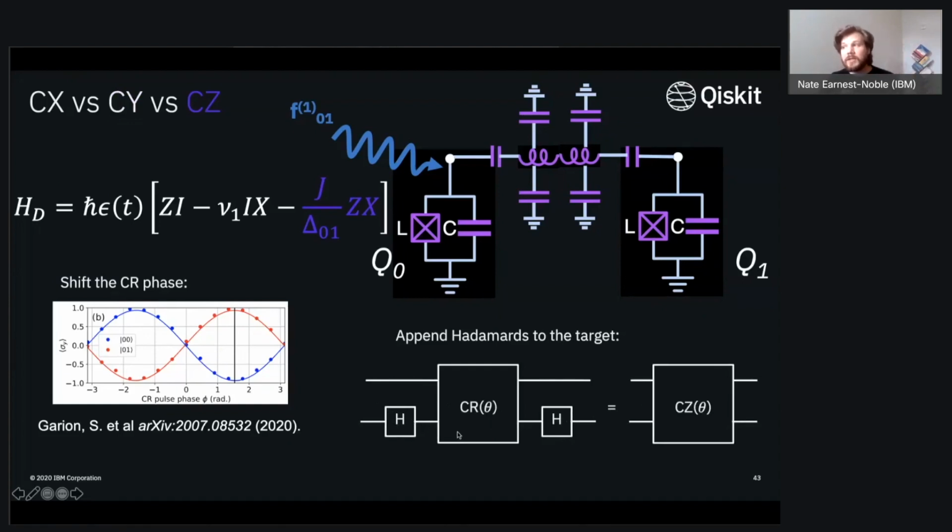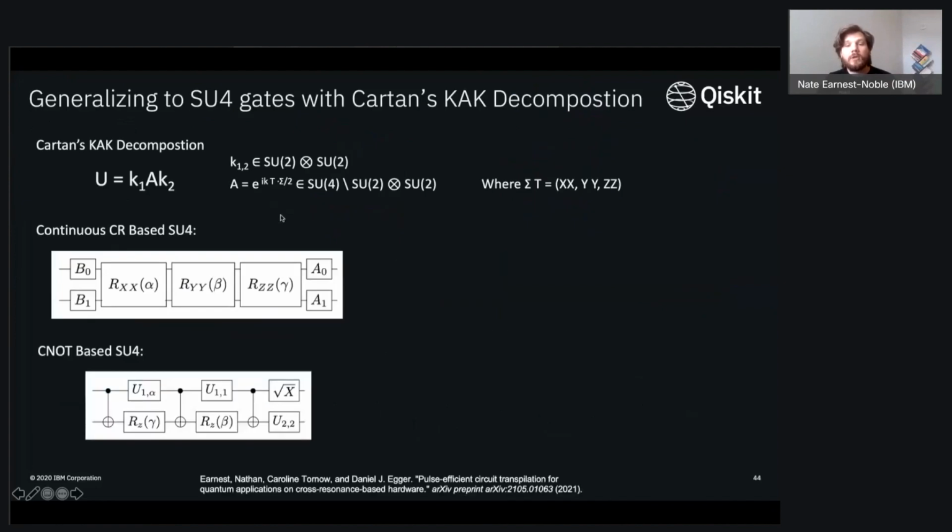Through the variety of these tricks, you can now have a continuous gate set for CX, CY, and CZ. What I think is exciting about this is that you can use this trick to implement arbitrary SU4 gates using this continuous gate set. Namely, we're going to use this idea of a CAN decomposition, where I want to take an arbitrary unitary and map it to different basis gate sets.